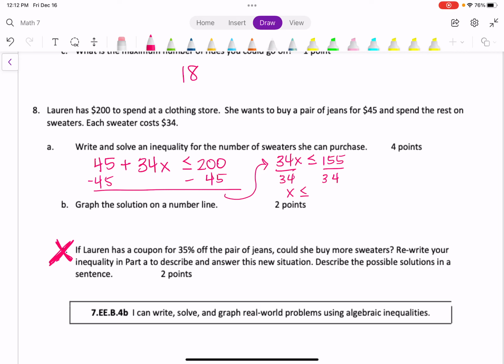And I got 4.5. She can't buy half a sweater. So the most she can buy is 4 sweaters. And she'll have a little bit of money left over.